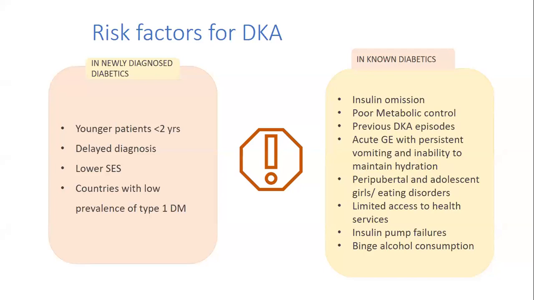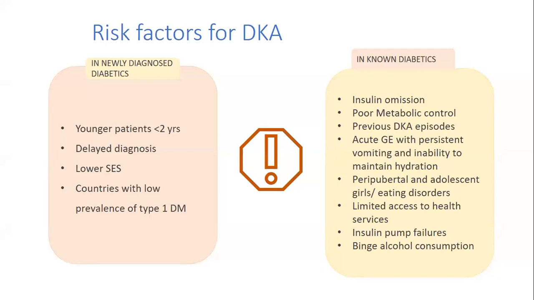For example, if you are in Kisumu and you get a child presenting with high fevers and convulsions, you are more likely to think of cerebral malaria. But if you are in a place like Meru or Tharaka Nithi, it will be like your 4th or 5th differential diagnosis. The same case applies to diabetes. In countries where there's low prevalence, it's less likely to pick it early.